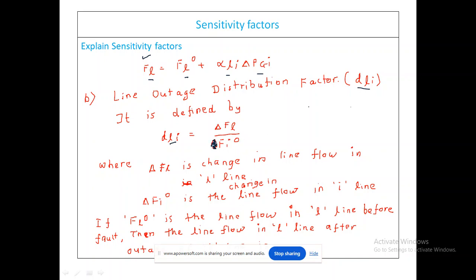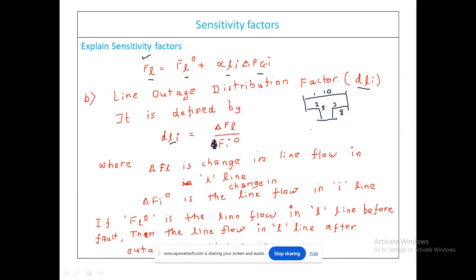Okay, so in the previous, I will just show that diagram once again. Suppose I have this transmission network. Here I have shown three lines, say 1, 2, and 3. And now I show some power flow. Suppose here it is 10 megawatt, here it is 5 megawatt, and here it is 8 megawatt.